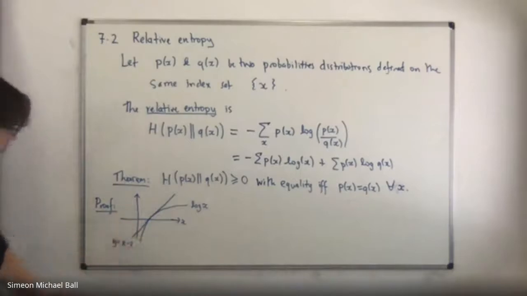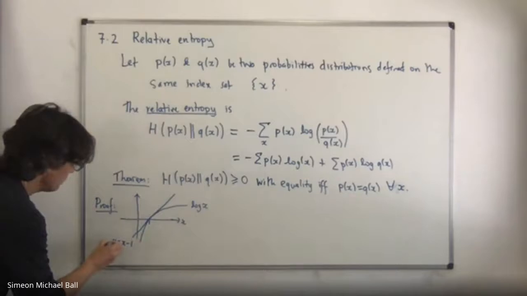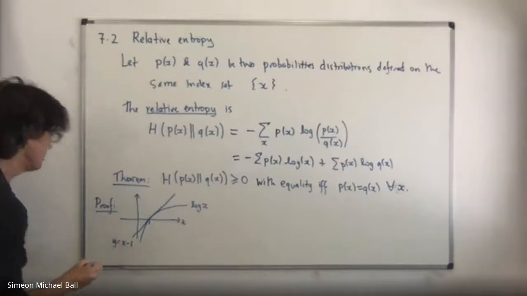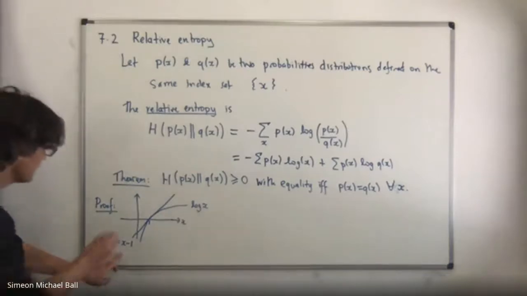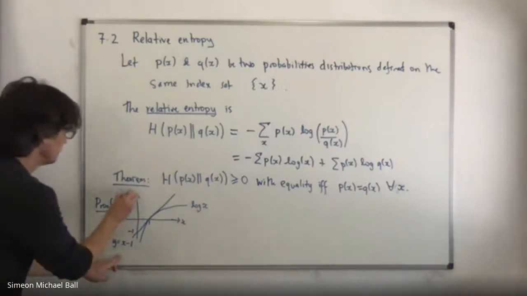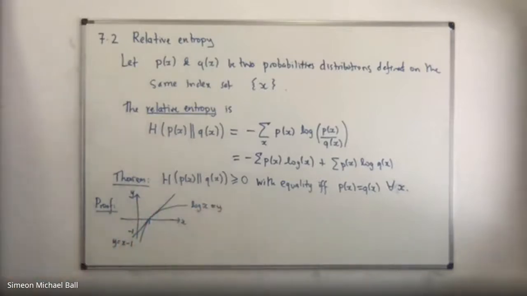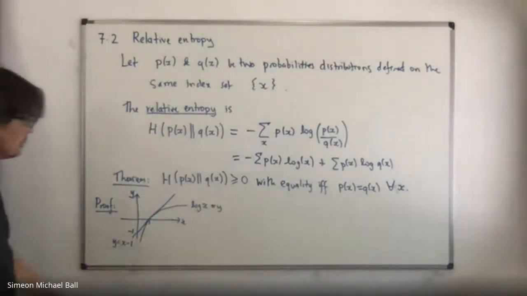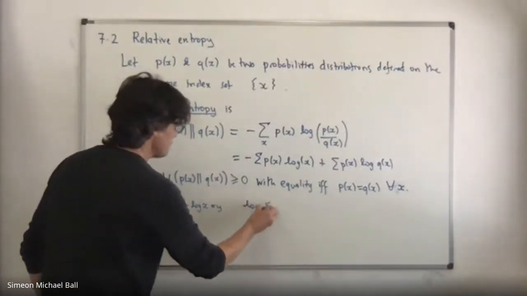When x is 1, y is 0. When x is 0, y is minus 1. So this is the curve y is log x, this is the line y is x minus 1. And so from this we deduce that log x is less than or equal to x minus 1.